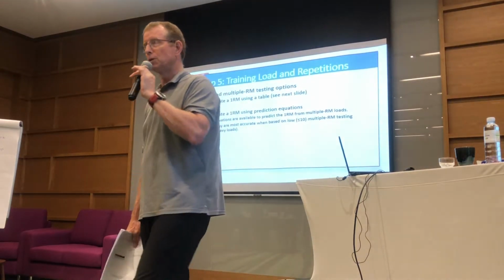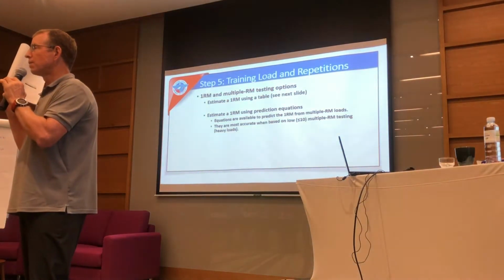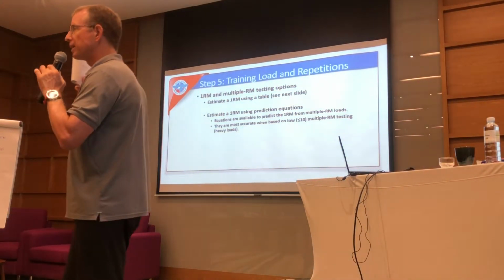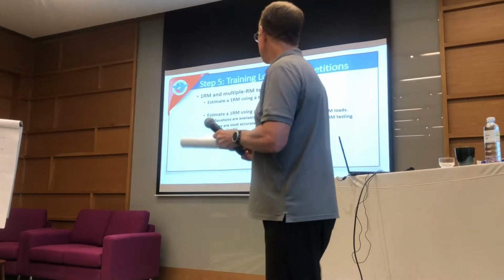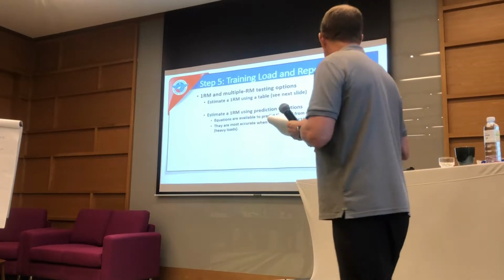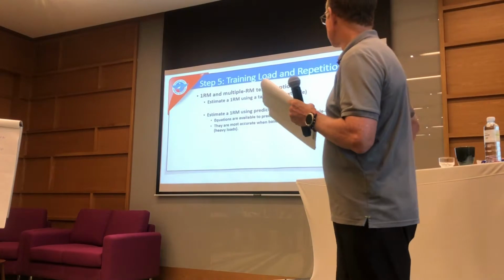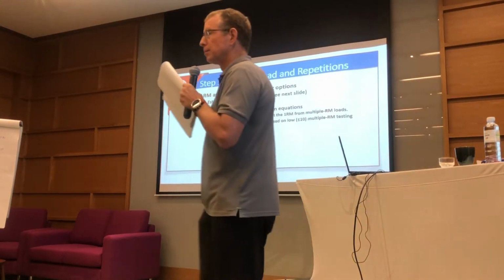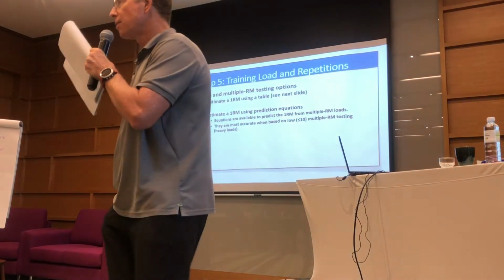And there are all kinds of tables out there. People have been doing all kinds of research on the effectiveness of multiple RM testing to predict 1 RM. I think the reason most of that research is out there is because it's easy to do. It's easy to get published. มีตารางเยอะแยะไปหมดที่ทำนาย 1 RM จากจำนวนครั้งที่ยกได้ มีงานวิจัยออกมา But all of these equations are going to be most accurate at less than 10 RM.